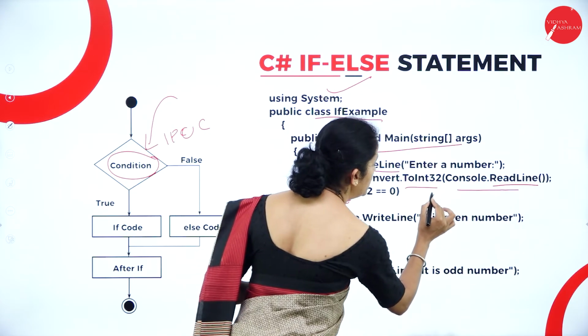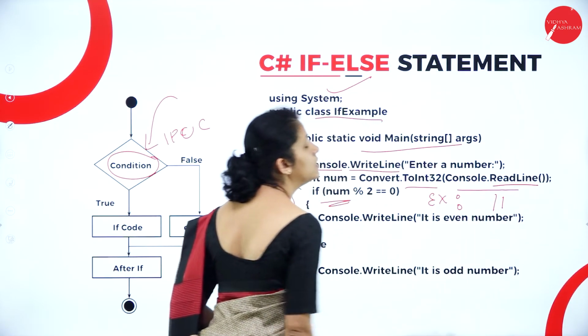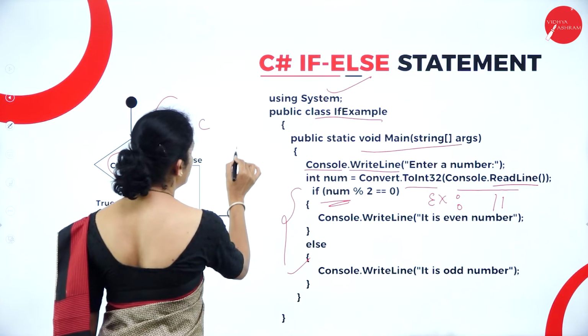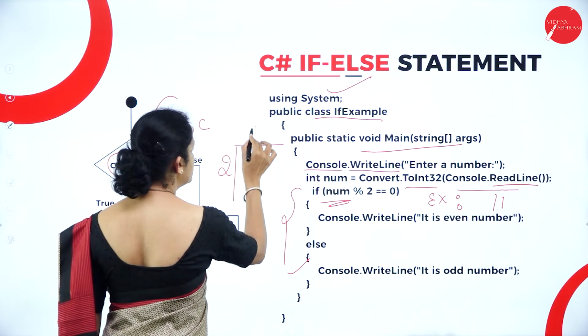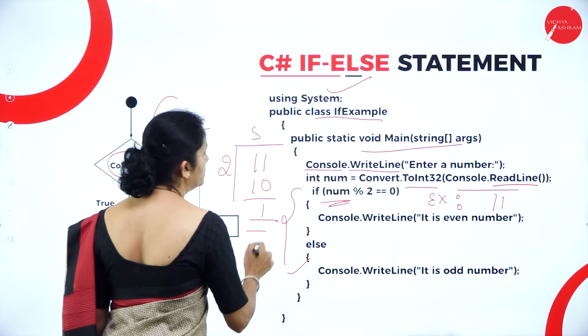For example, think that I have read 11. Now, I want to find the remainder. So 11, 2 fives are 10 and 1 is the remainder.